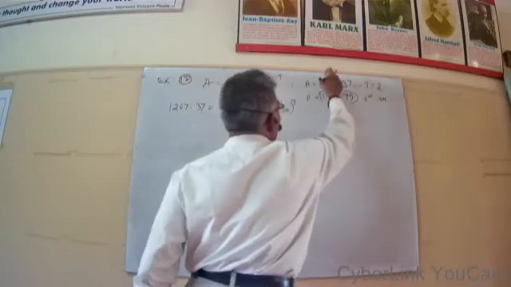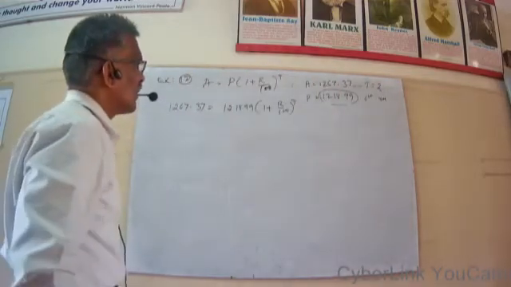So for the 6th year, this is the principal, T is 2 years, and A equal to 1267.37.